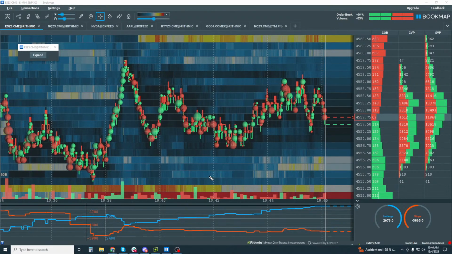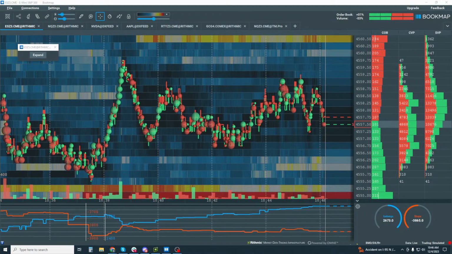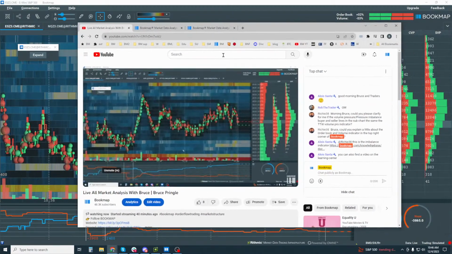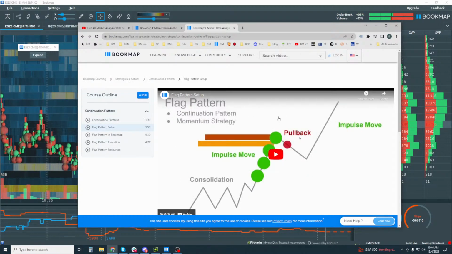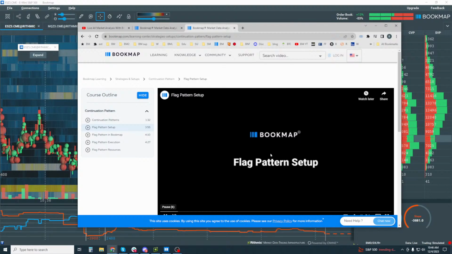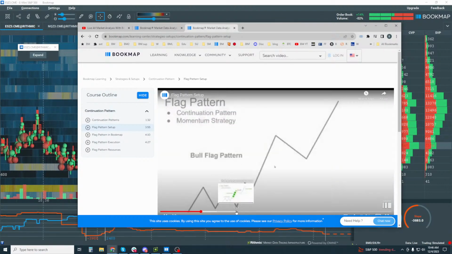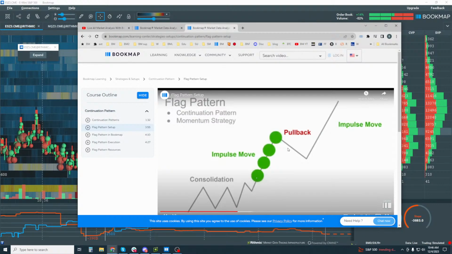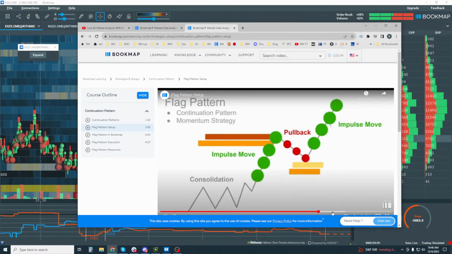Okay, all right. So our flag pattern from that learning center, again, it's real straightforward here. We've got it here as a diagram first, and I encourage you to go check this out, because we go through it very simply by understanding the order flow in diagram form in the schematic, and what it looks like. What are we looking for?